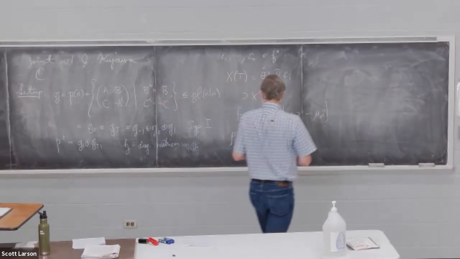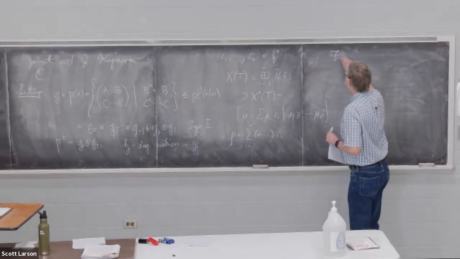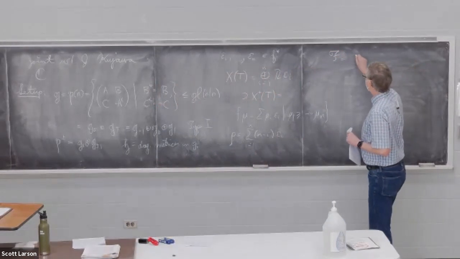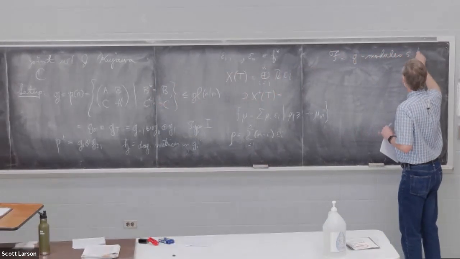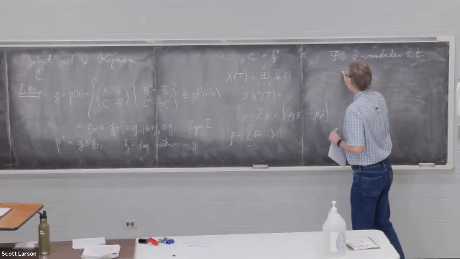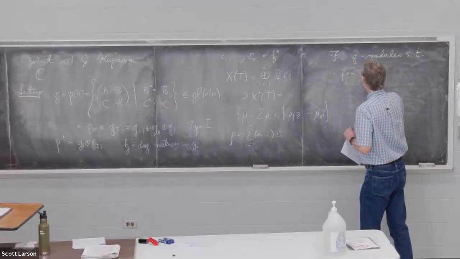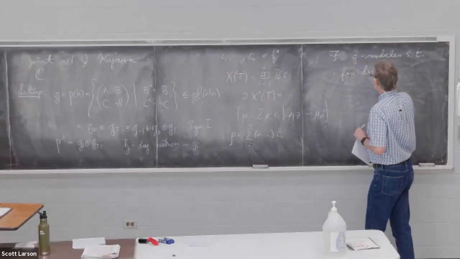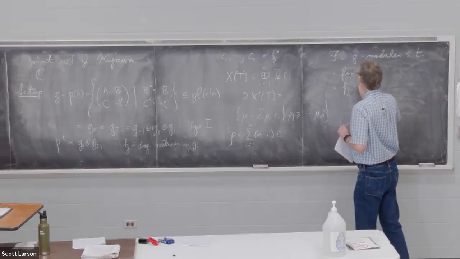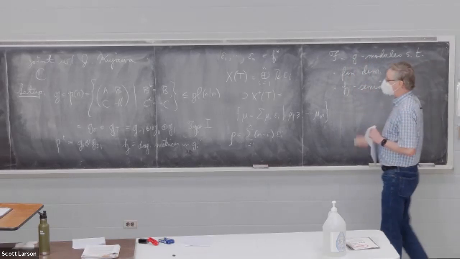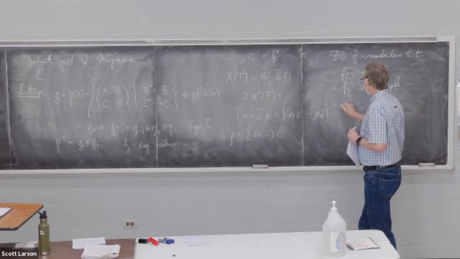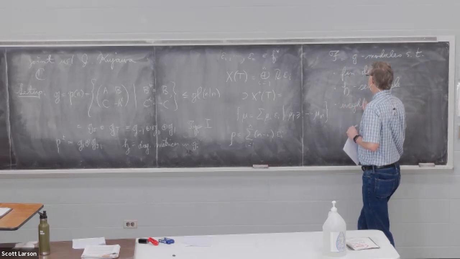Now, the category that we're going to study, F, is the full subcategory of G modules satisfying 3 conditions. They're finite dimensional, they're H semi-simple, completely reducible as modules for H, and the weights are all integral.